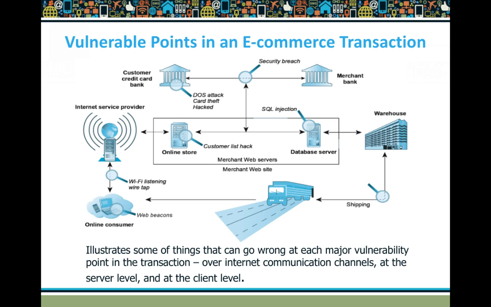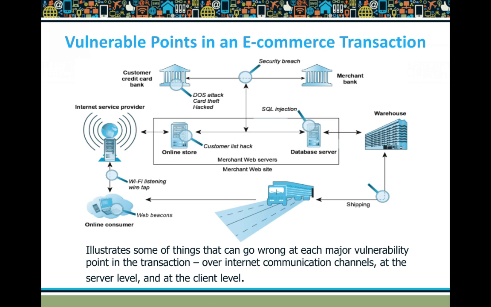Whenever the merchant's website is displaying products taken from the database server maintained by the merchant, then the details of the catalog can be hacked. So that is another point of vulnerability at the merchant's website. From the merchant's website, we can have an attack happening.